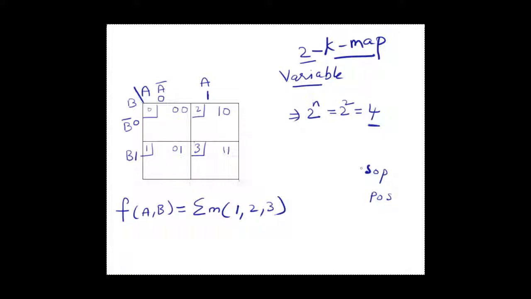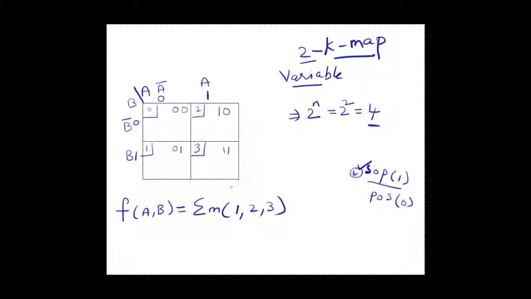Generally we follow this method, and in SOP we always represent it in the form of 1s, and in POS we always represent in the form of zeros. In SOP the terms are called min terms, and in POS they are called max terms. So we are discussing SOP now.